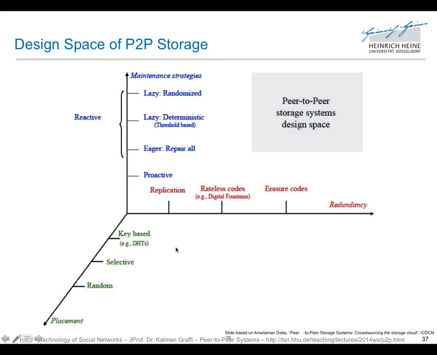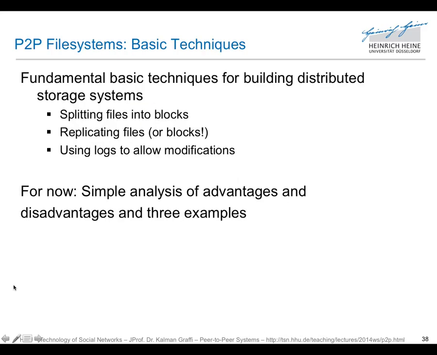Or you can have something in between, where not all of the nodes are storing, but only a few selectively chosen, which have specific capabilities, like in some super peer environment, where you have some dedicated nodes in the network which are acting as storage points.